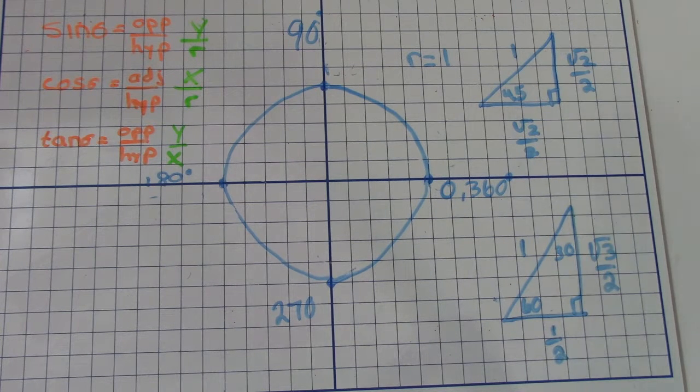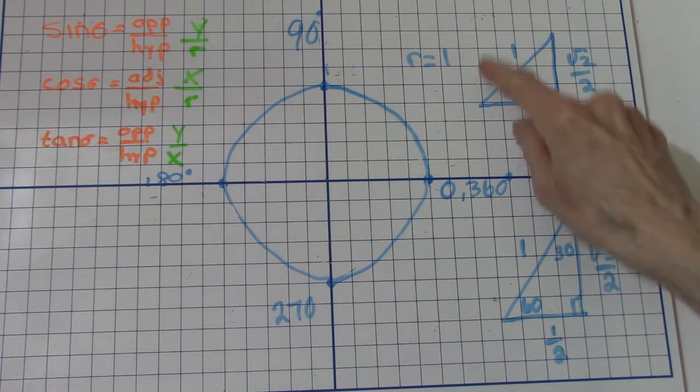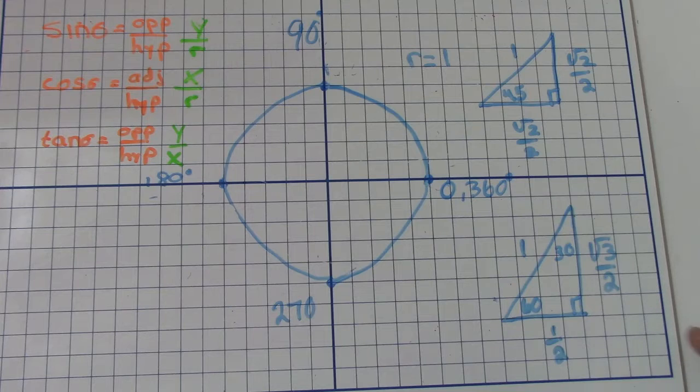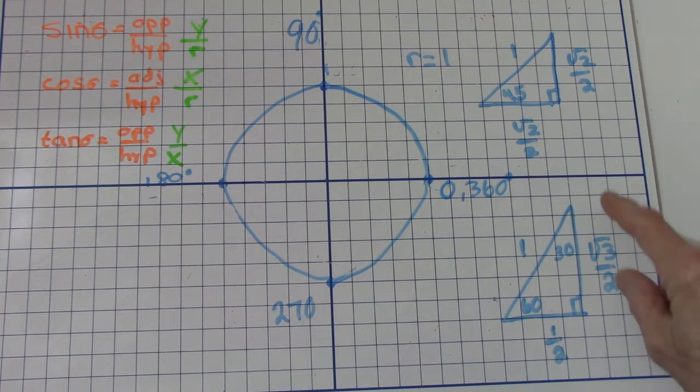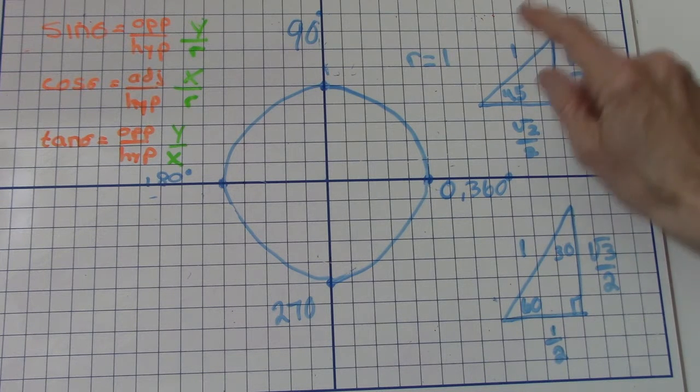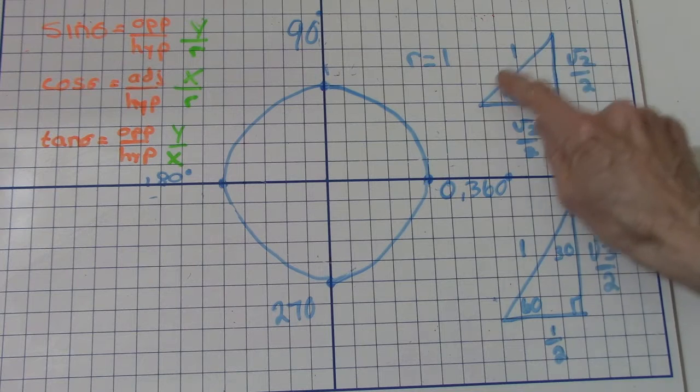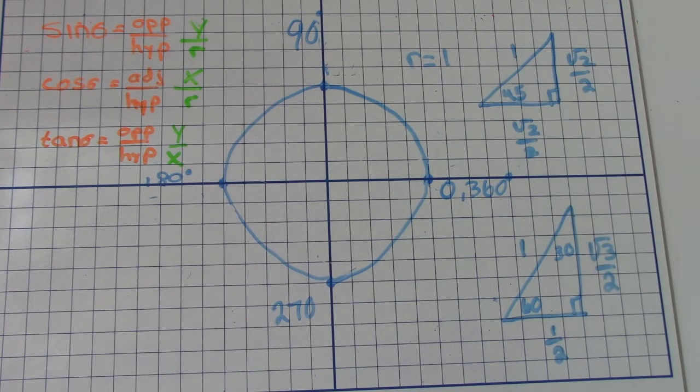So here I just drew in the angles. This one is half of a square, and this is half of an isosceles right triangle. This is half of an equilateral triangle. So if I want to find in here, because it's a unit circle, the radius or the hypotenuse here is 1.